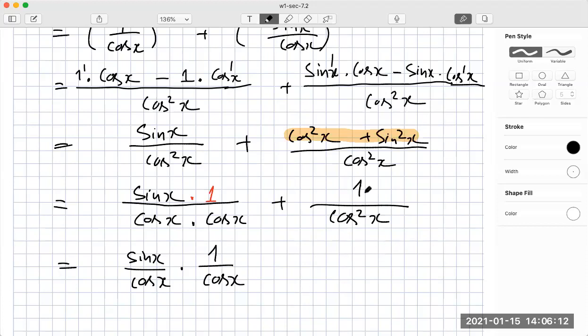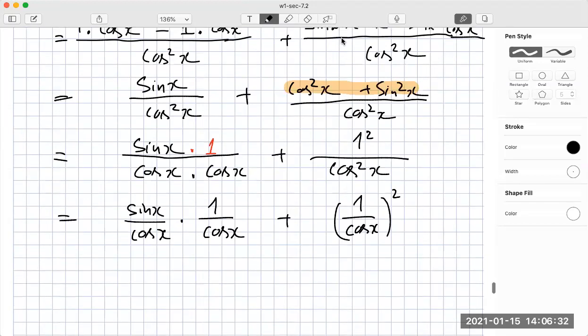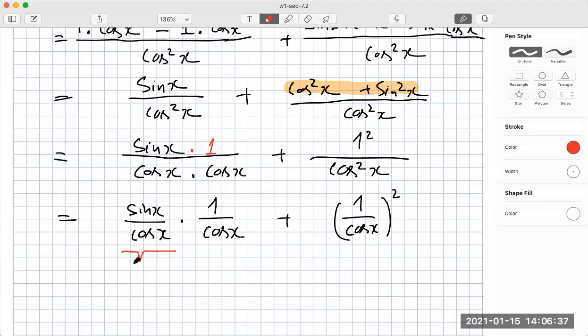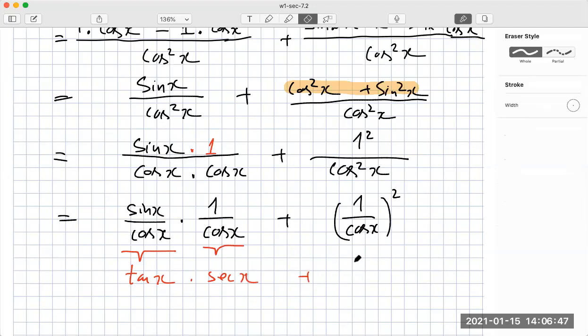Same here. 1 is equal to 1 squared. Something squared divided by something squared will be 1 over cosine x here, and they are all squared. Okay. So the first guy, what is it? Thank you. And the second guy? Very good. And this guy? Very good. Thank you.